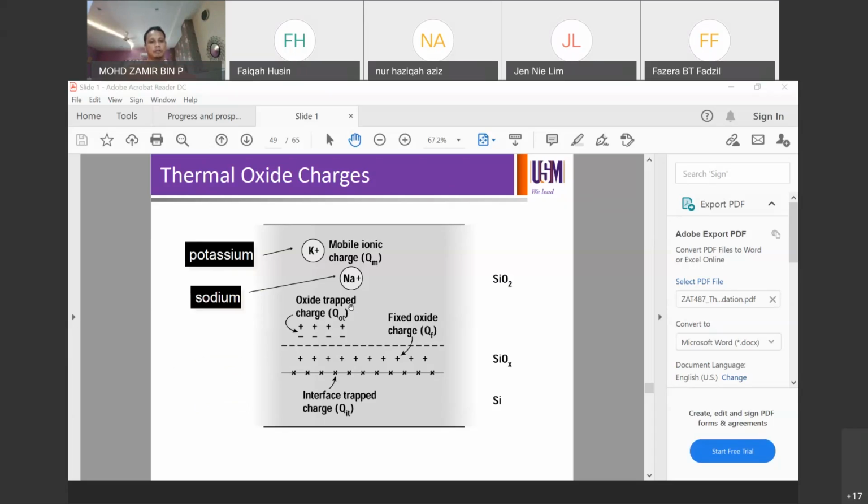Okay, so there'll be oxide trap in the layer as well. If you're talking about a very thin layer of oxide, sub 10 nanometer, so below 10, so having these charges will be very, very dangerous.